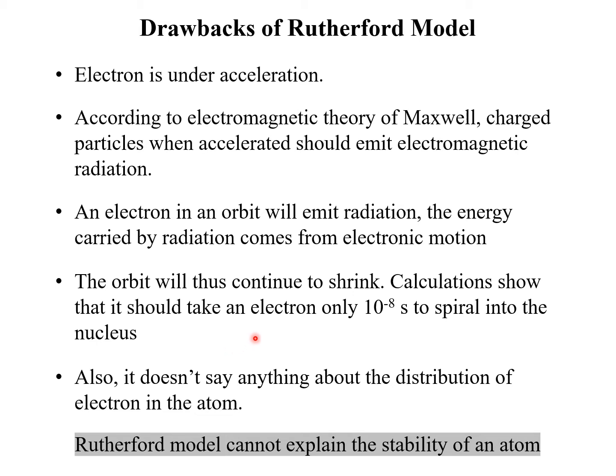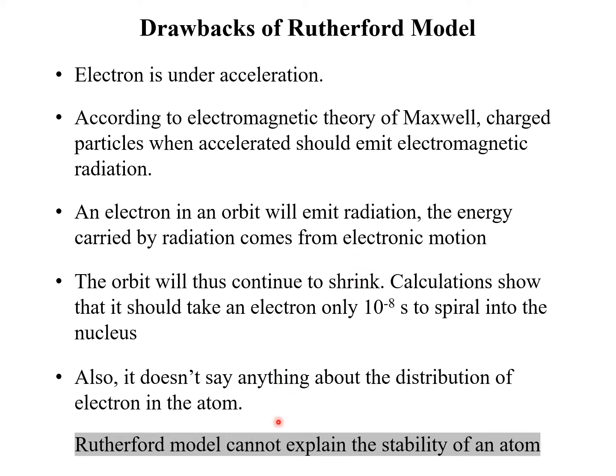So this suggests that according to the Rutherford model, the stability of the atom cannot be explained, because according to the Rutherford model and the electromagnetic theory of Maxwell, the electron should bump into the nucleus after 10 to the power of minus 8 seconds. But this is not the case.